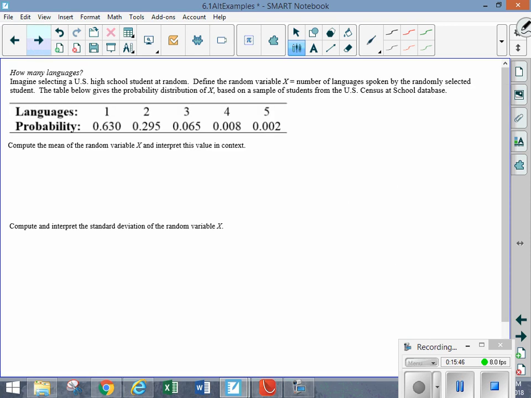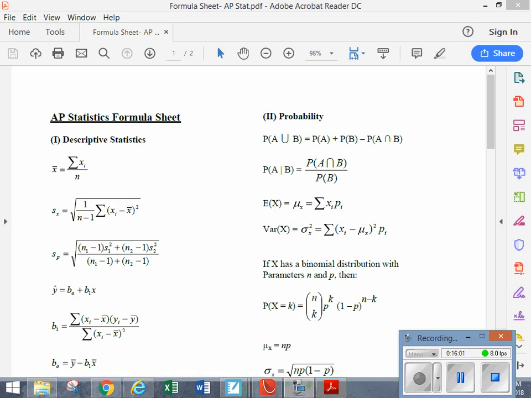And so now we'll actually compute the mean using our formula for expected value, keeping in mind that we can find this on our formula sheet. And this is right there. So we have the mean and the variance of a random variable here. So that's what these two formulas are for.